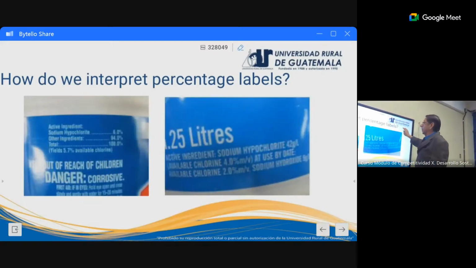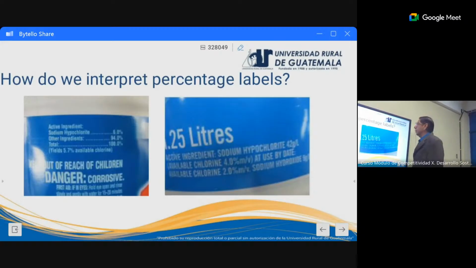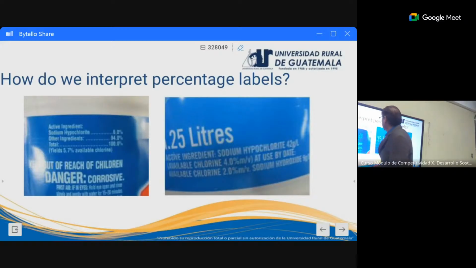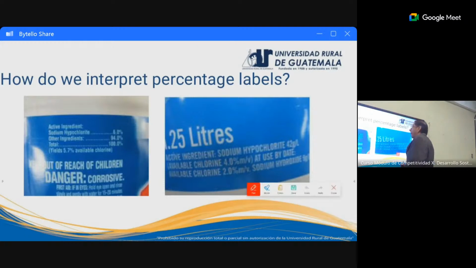So here we have another example with the sodium hypochlorite. That is 6% of the solute here, and 94% of water.